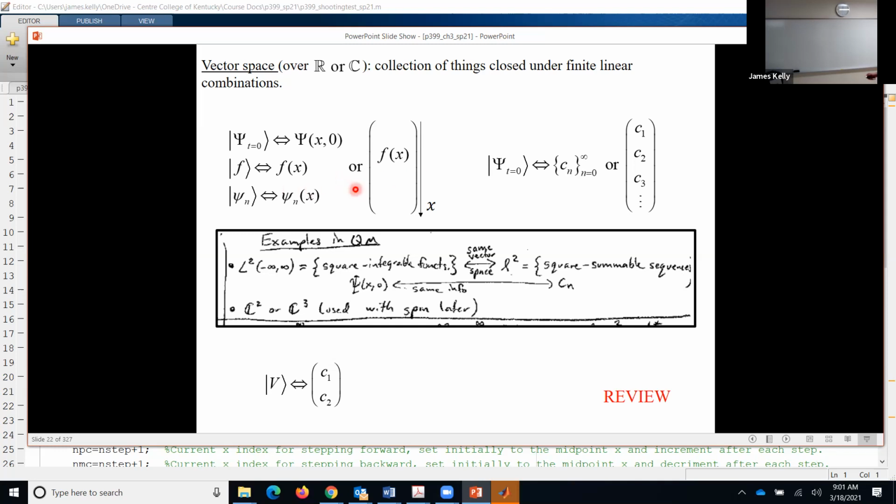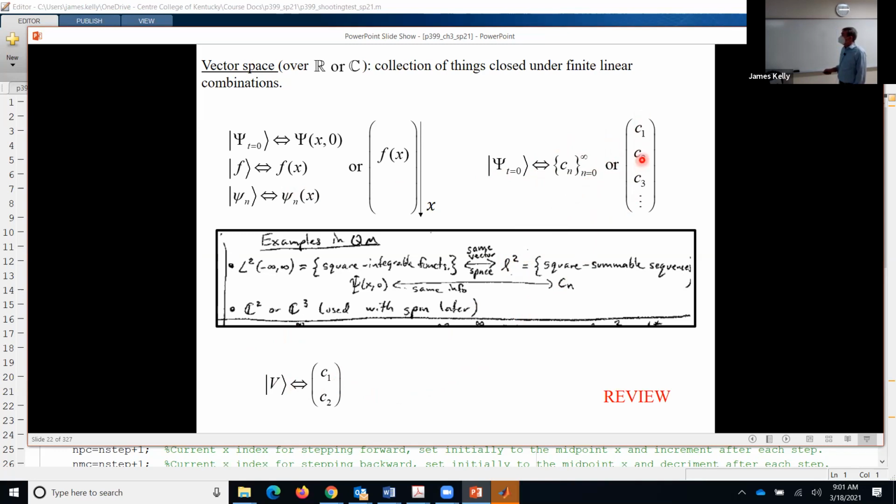But we could expand in some basis and use those coefficients in the expansion as a description of the vector space. We usually call that description little L2. That's the set of square summable sequences. Later on, we'll be talking about spin, and we'll be using finite dimensional vector spaces.